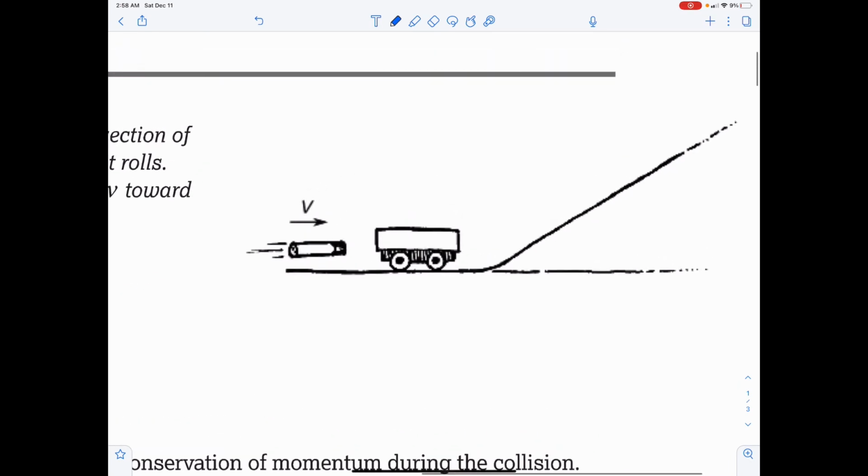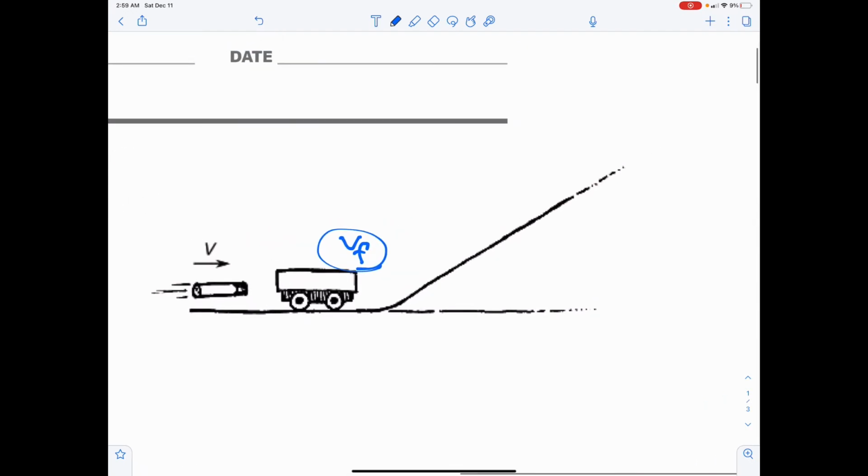Okay, so what happens here? You're going to have a speed v final after collision. The faster the speed, the more kinetic energy you'll have as you go up the hill. The more kinetic energy you have, the more gravitational potential energy you'll have, which means the higher you go up the hill.